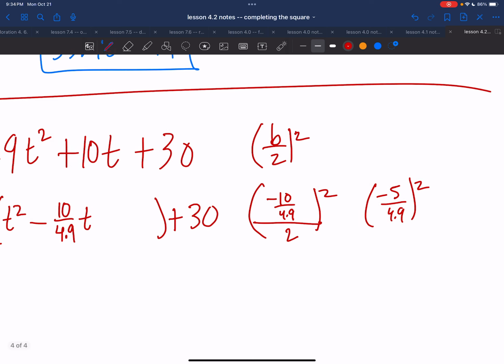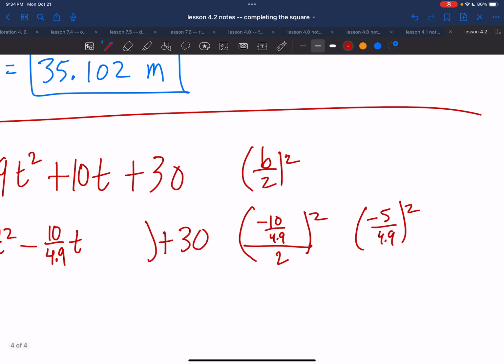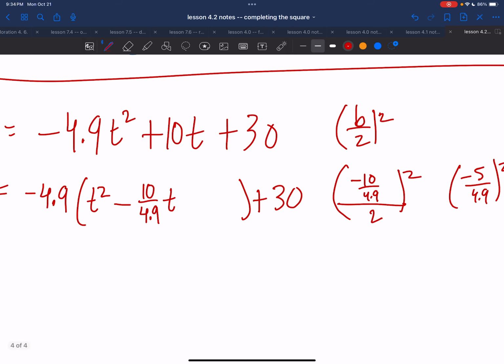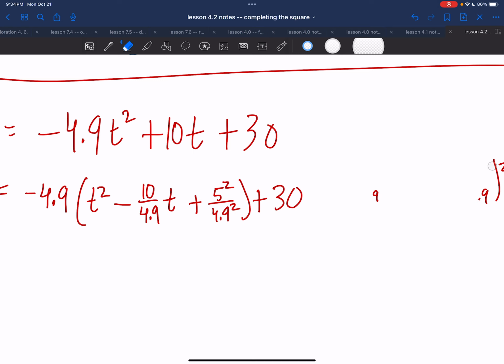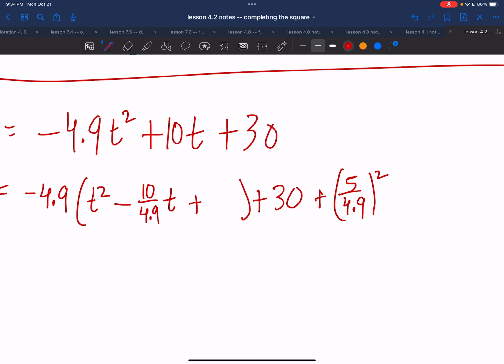So that's what I'm going to add. And if I add this, the negative doesn't really matter. So it's plus 5 squared over 4.9 squared. I'm going to add that right here, plus 5 over 4.9 squared. I'm going to stick with writing it that way.